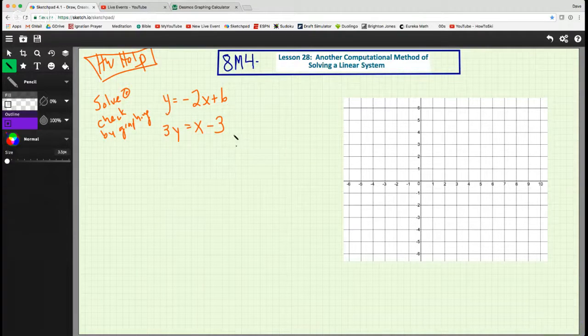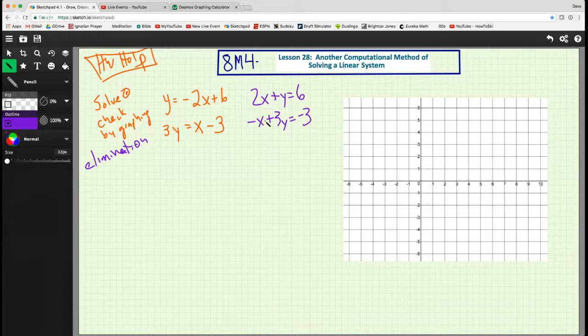Now, these equations aren't written in standard form. Let's solve by elimination. So let's get our x's and y's on the left: 2x plus y equals 6, and over here, negative x plus 3y equals -3.